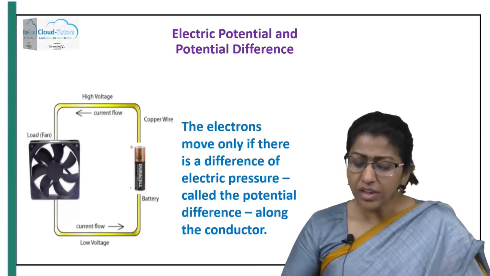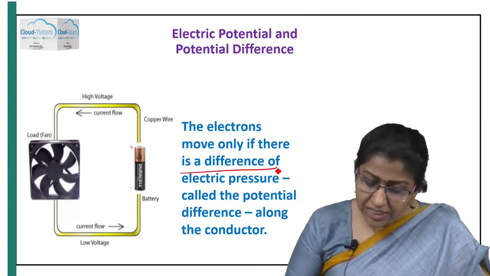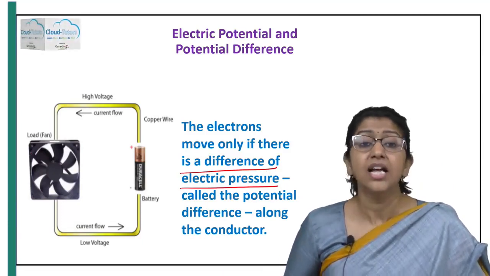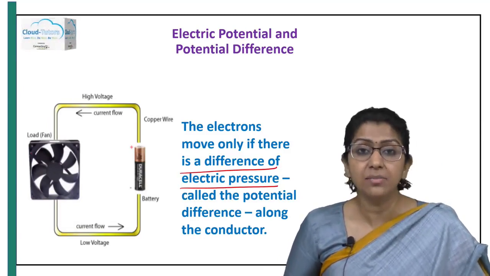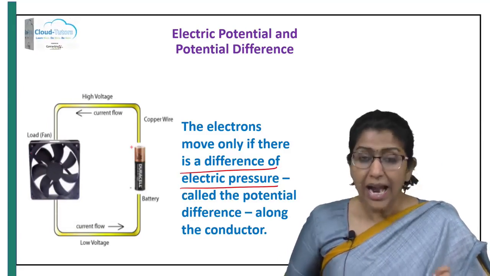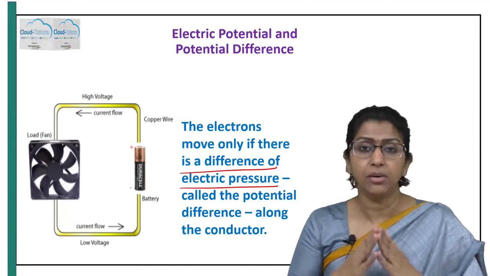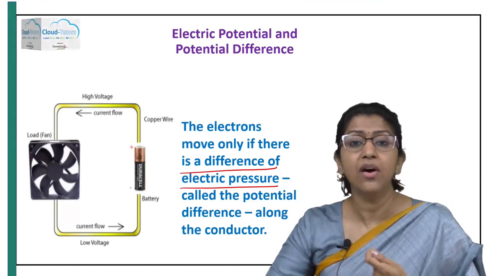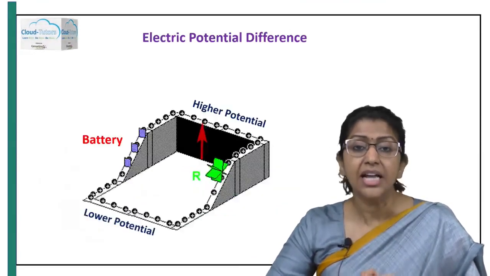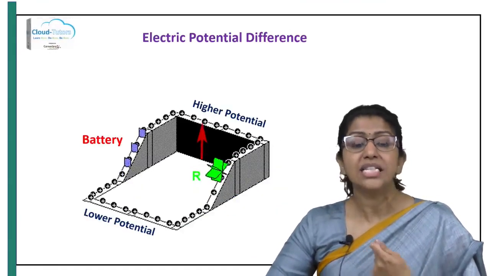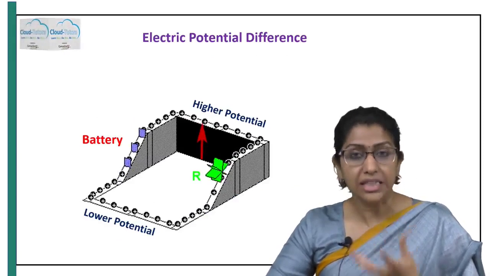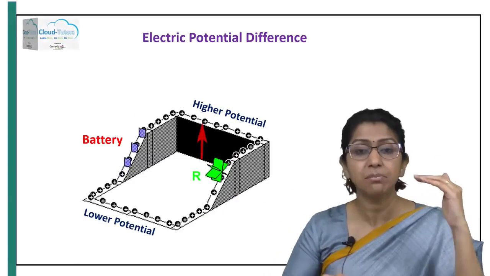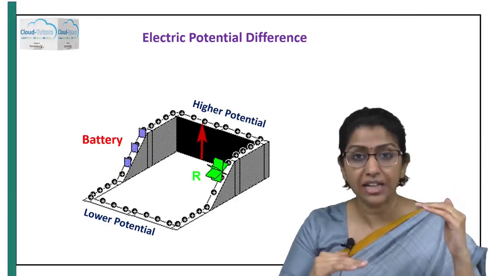Okay, so the electrons move only if there is a difference of electric pressure, and this is called the potential difference, or in general terms, voltage. And this voltage or potential difference is measured in volts; the SI unit of voltage or potential difference is volts. As you can see in the diagram on the screen, if there is no difference in the levels or the electric pressure, there will be no flow of electrons.